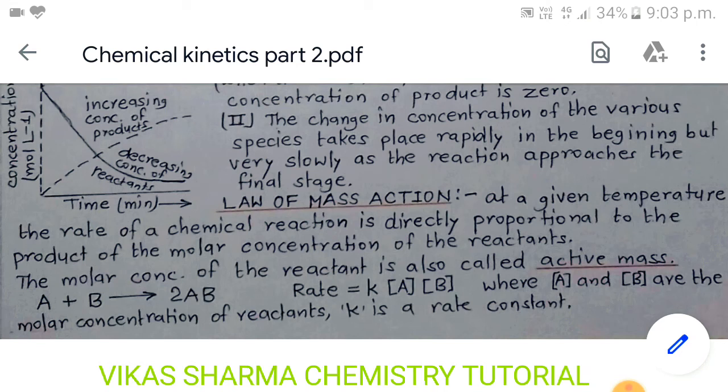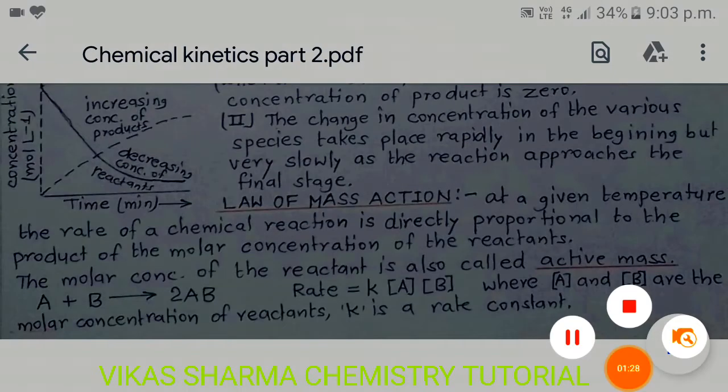So the rate of reaction is directly proportional to the concentration of A and B. Converting the language into a mathematical form, rate is equal to K times concentration of A and concentration of B, where [A] and [B] are the molar concentrations of the reactants and K is known as the rate constant.